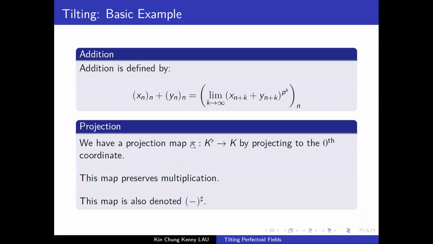So Scholze defined this whole functor on perfectoid fields, and fields of mixed characteristic will be sent to fields of characteristic p, and then you can also define similar things for varieties, and this is how Scholze proved his theorem. So this is the end of the presentation. If you have any questions, please feel free to ask me.